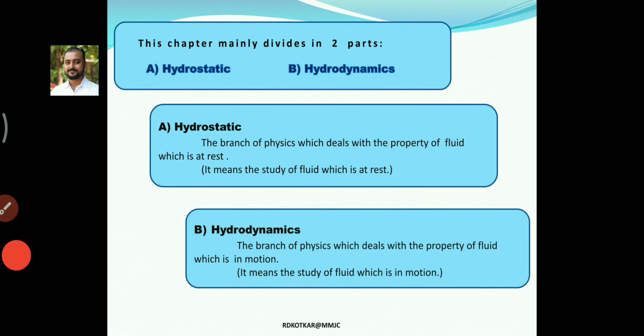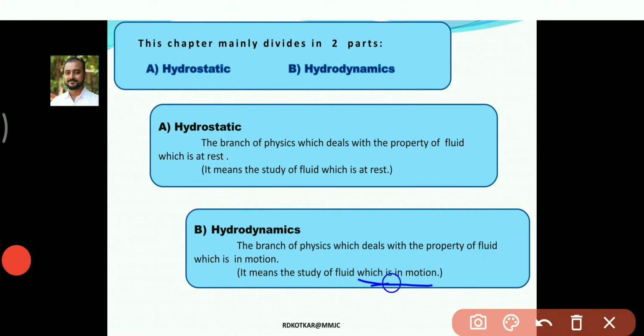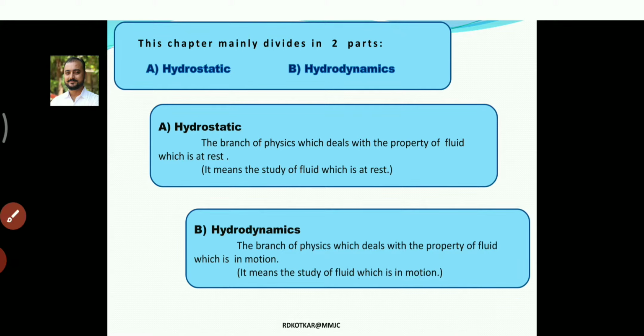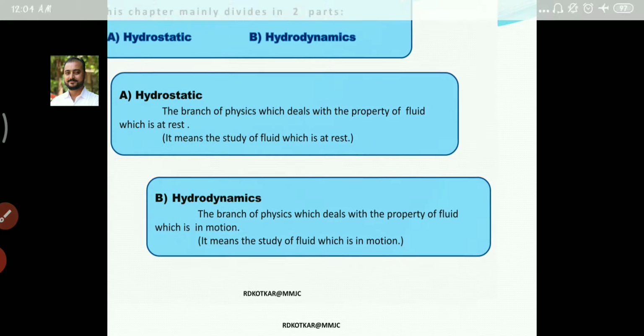Second, hydrodynamics: the branch of physics which deals with the study of the property of fluid in motion. When the fluid is in motion, the study of such a fluid is called hydrodynamics. These are the two main topics that we have to cover in this chapter.